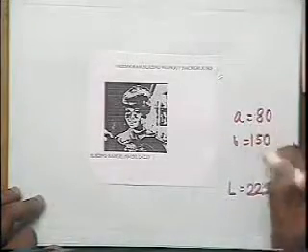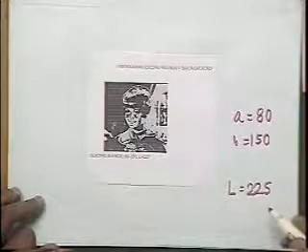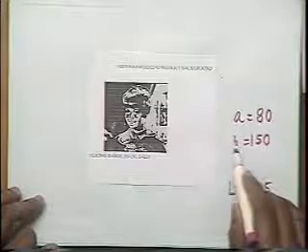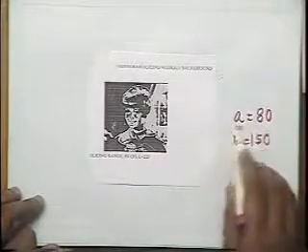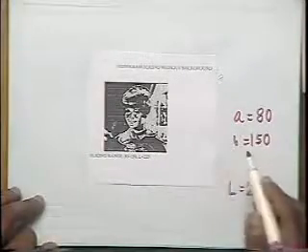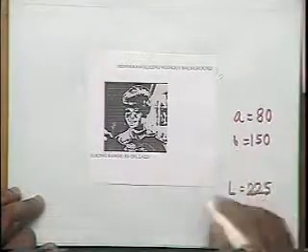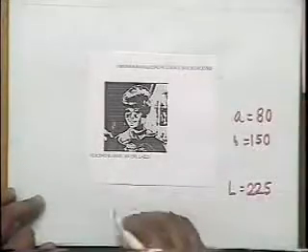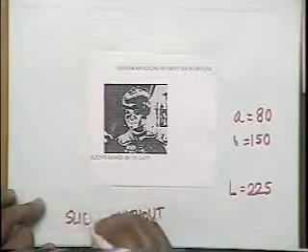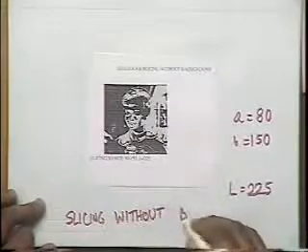Whatever pixels have intensities 80 to 150 have been made intensity equal to 255, and all the background pixels, no matter whether it is above the value of B, 150, or below A, which is equal to 80, have been converted to 0, and we get this kind of an image. So this is slicing without background.